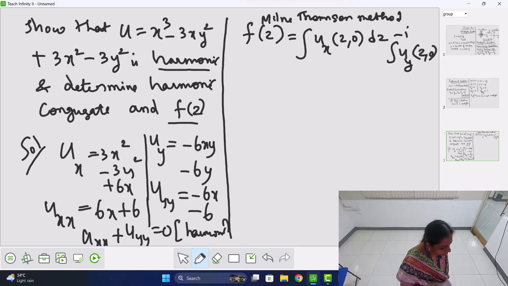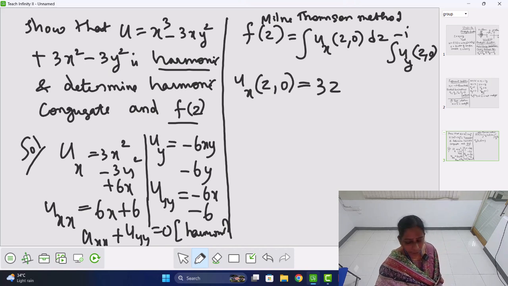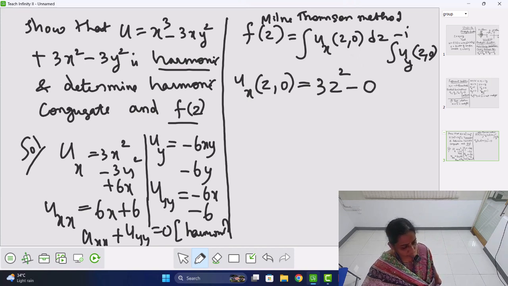What is ux available? ux equal to this one. I have to substitute x as z and y as 0. So x equal to z means I'll get 3z square, minus 0, since y is 0, plus 6z.